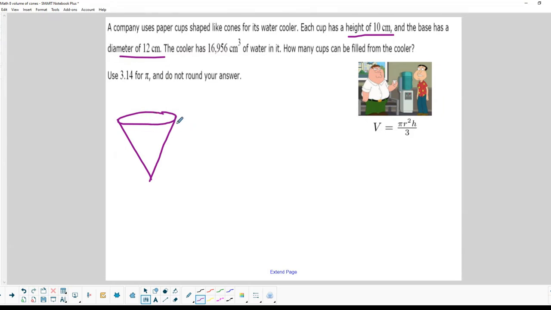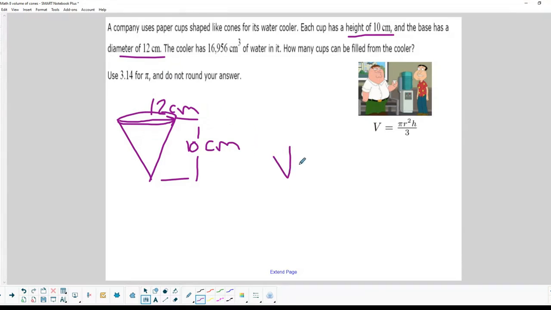So the height of this whole thing is 10 centimeters. And then the diameter of the cup all the way across is 12 centimeters. So now we're going to find the volume.